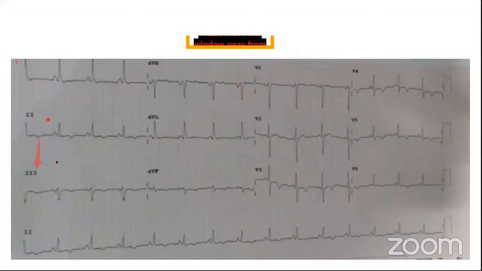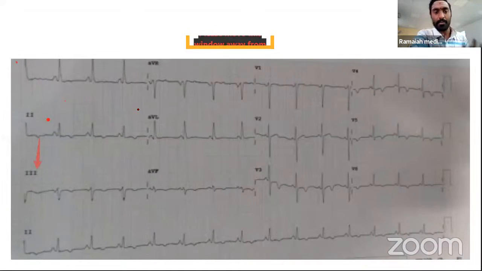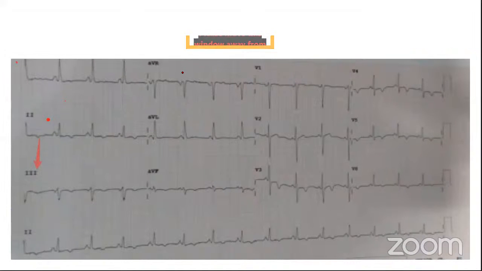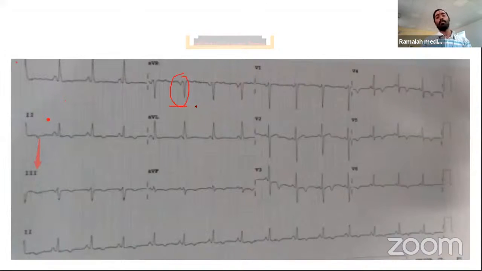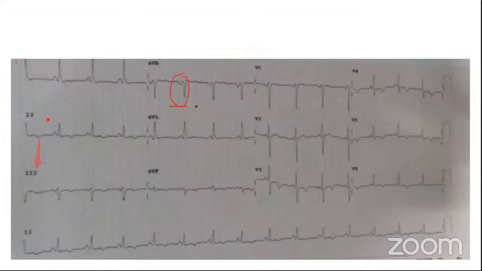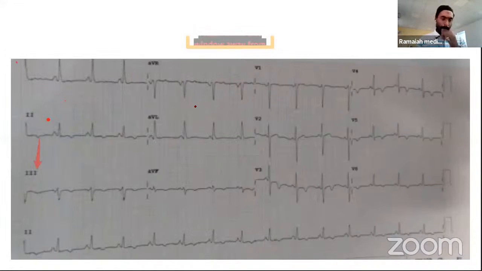Can you please tell me the order? First look at standardization, then technical error. Then you look at the P wave in AVR. AVR is negative, so is that normal or abnormal? Negative, sir, normal. Good. Then you look at the rhythm.